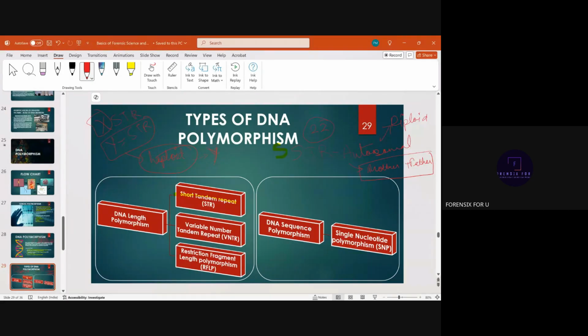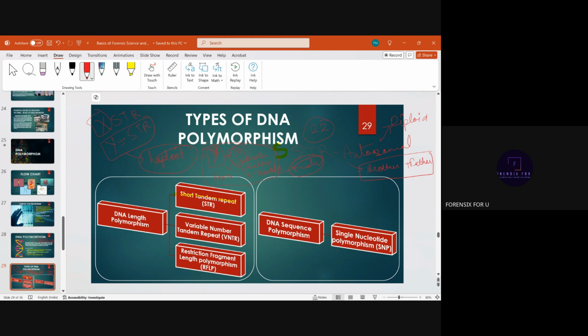But this male DNA can belong to a particular person X, or X's brother, or X's father, or X's uncle, or X's grandfather. So this is the same for all the male members of that family. You cannot be 100% sure whether X is the culprit or the accused.